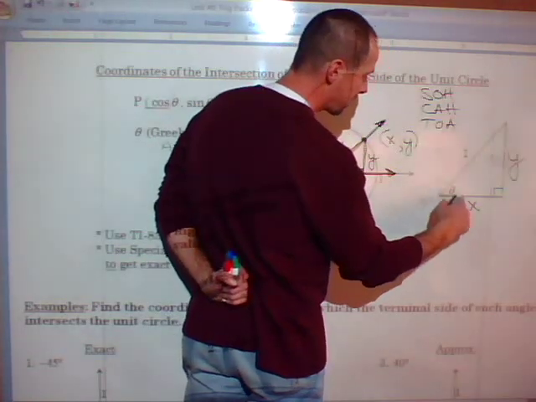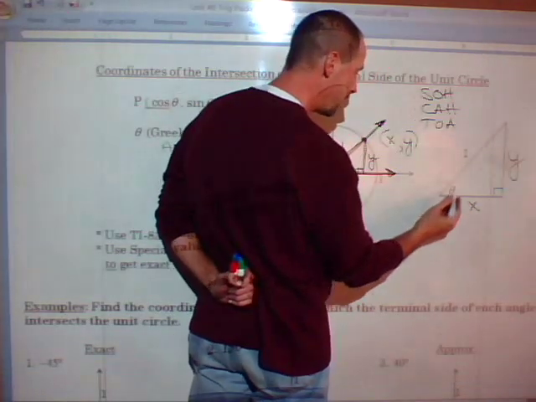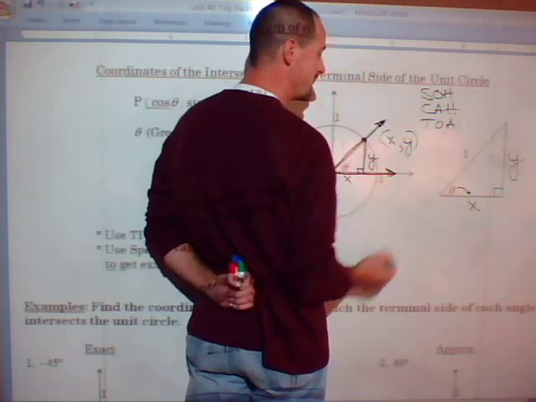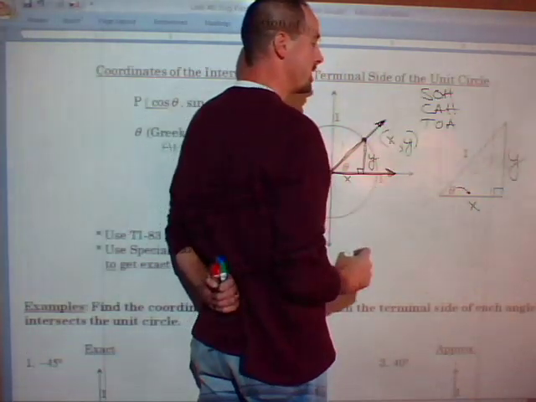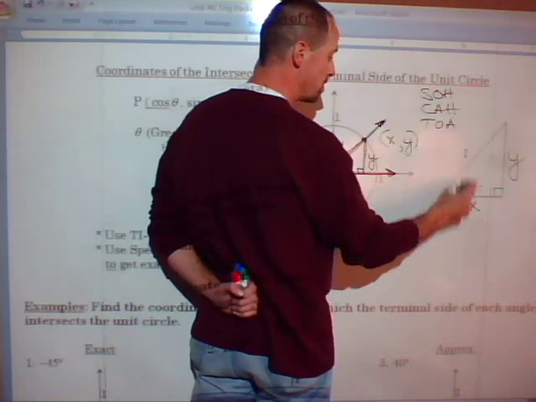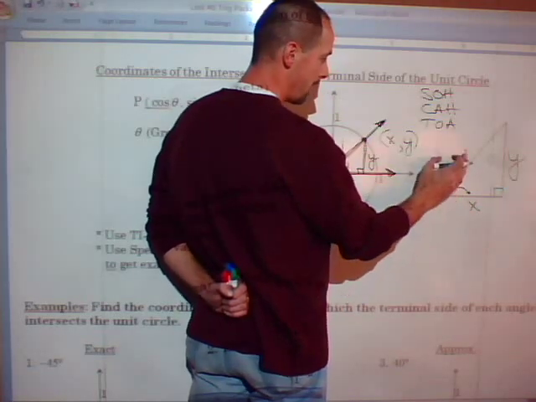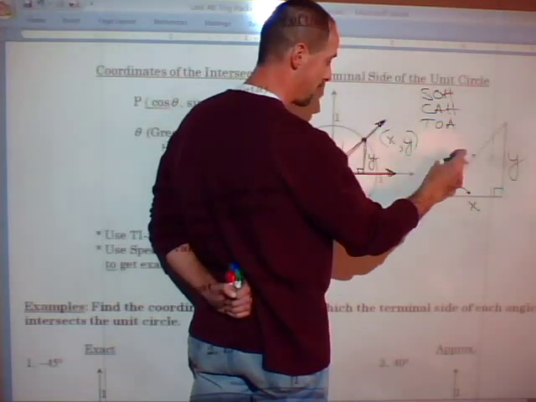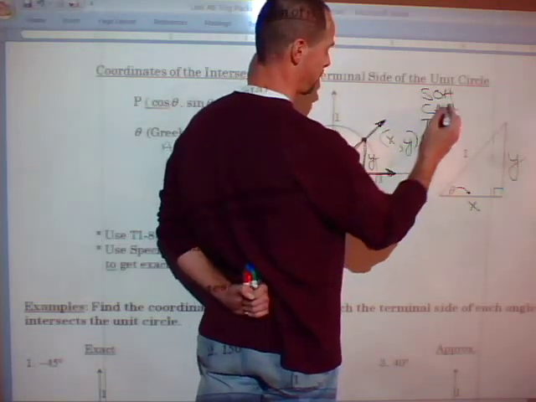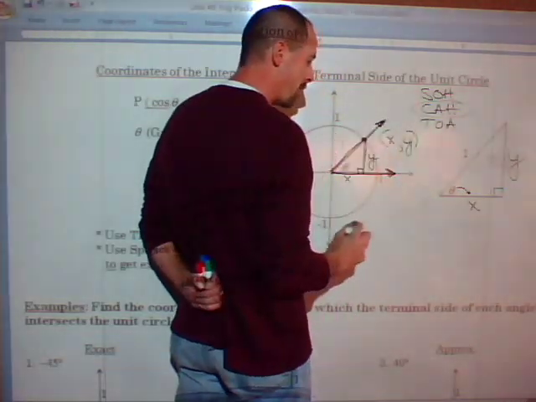So where is x compared to our angle? Well, this is the adjacent side. Okay? And we know this is the hypotenuse. So these are the two sides I'm going to use so far. I'm going to use the one that I know and the x that I'm looking for. So this is hypotenuse, this is adjacent. So adjacent and hypotenuse is cosine.